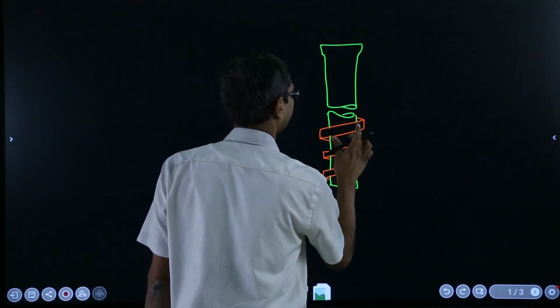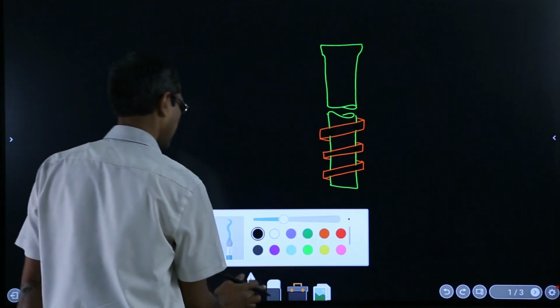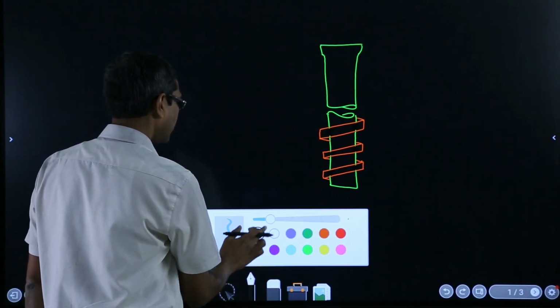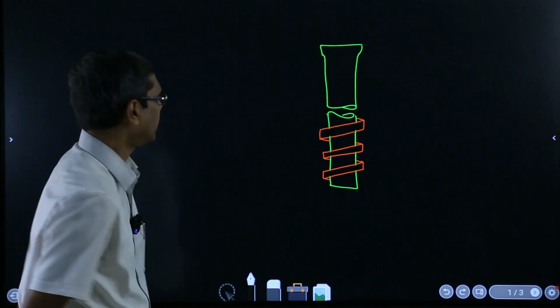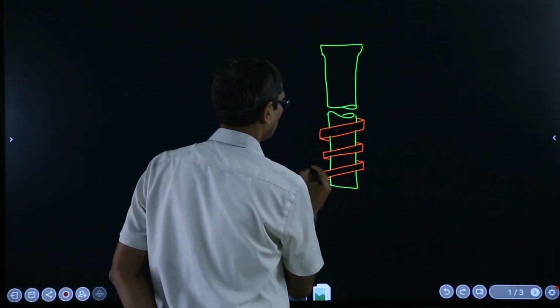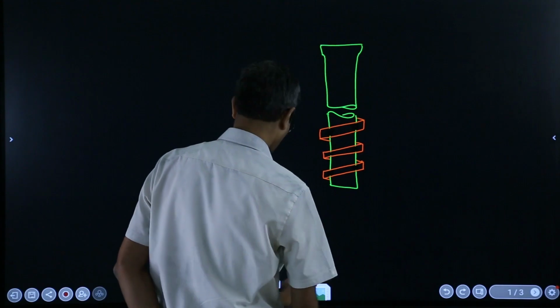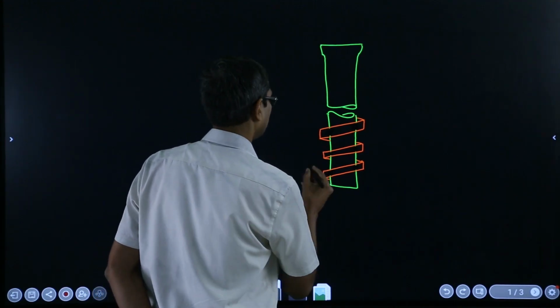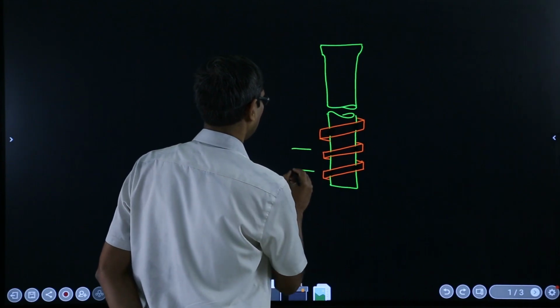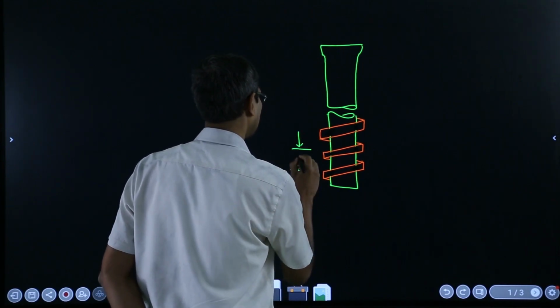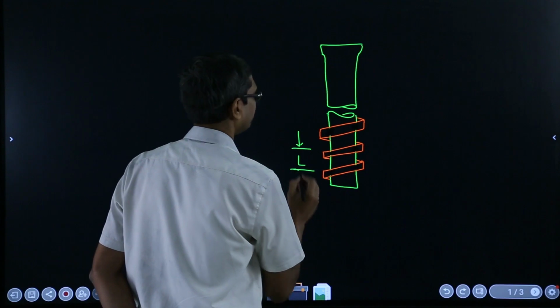And then say from this distance to this distance, I'll name it as the lead of the screw.